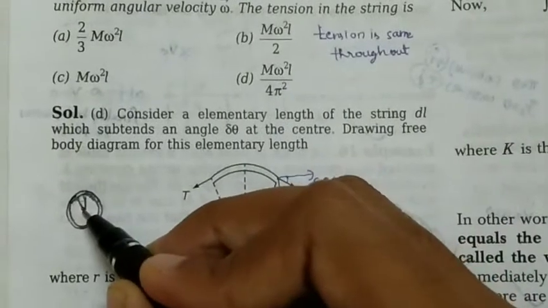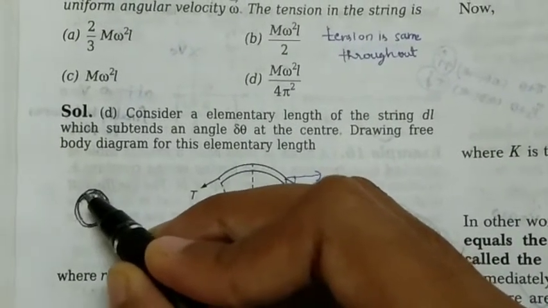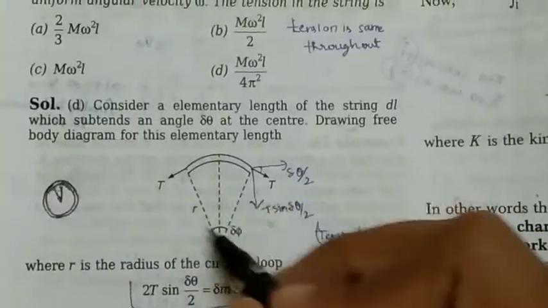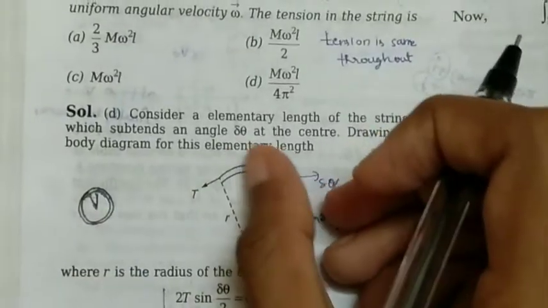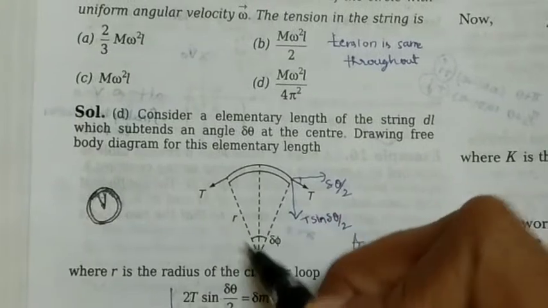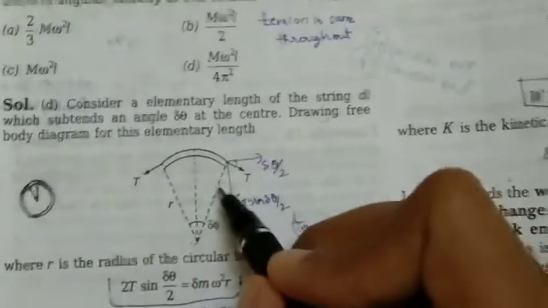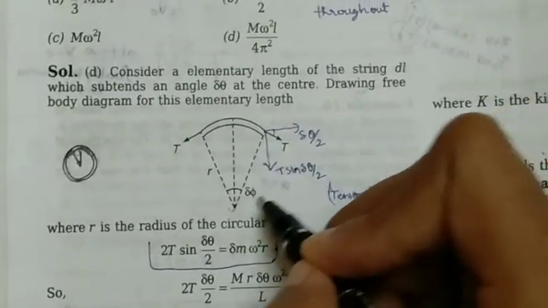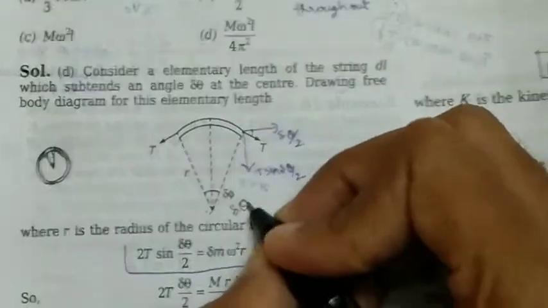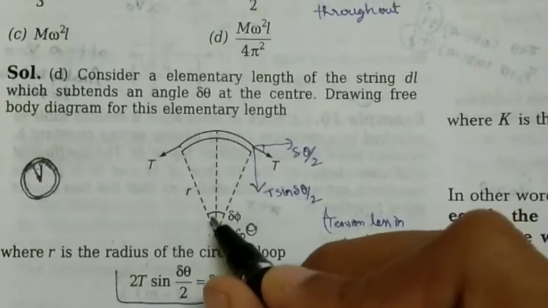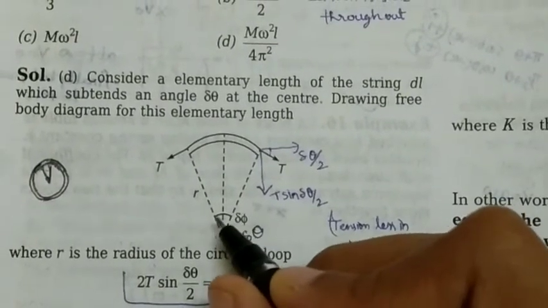Here this is the center of the circle. From here to here, it is subtending some angle at the center. That is represented over here. This is the center and the loop is of radius r, and it is subtending an angle delta theta.